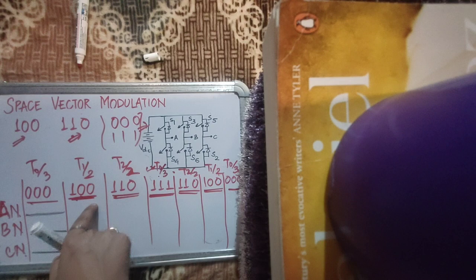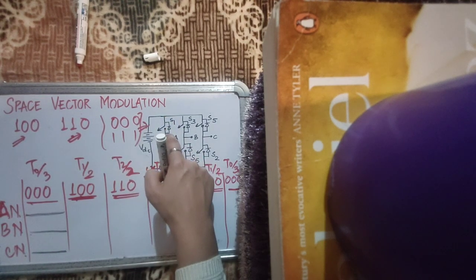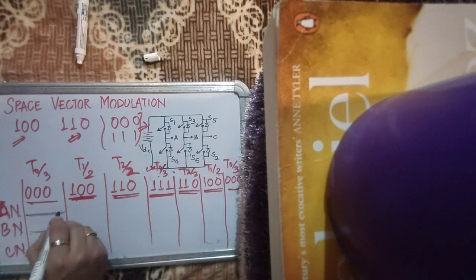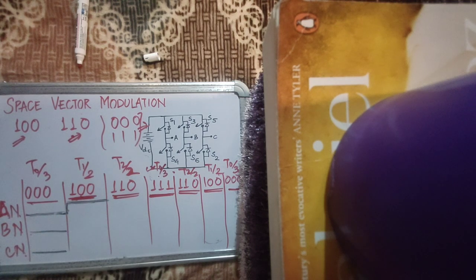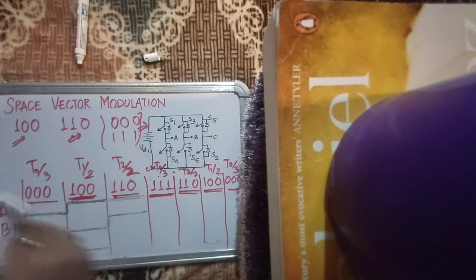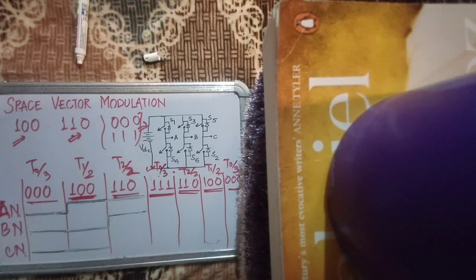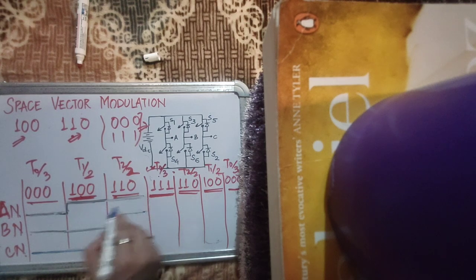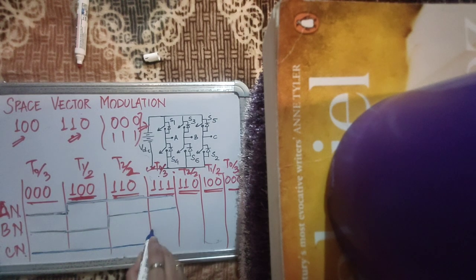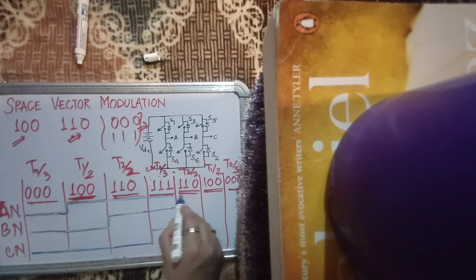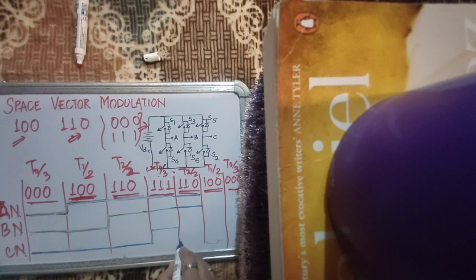Then when 1 0 0 happened, this state becomes high, the other two bottom ones are still low, so the first, VAN, becomes high and the others remain at 0. Then 1 1 0 happened, so the upper one also went high, this one also went high, and this one still remained at 0. Then 1 1 1 happened, so you remain high here, you remain high here and you go high here. Then 1 1 0 happened, so you still are high, you still are high but you go low.